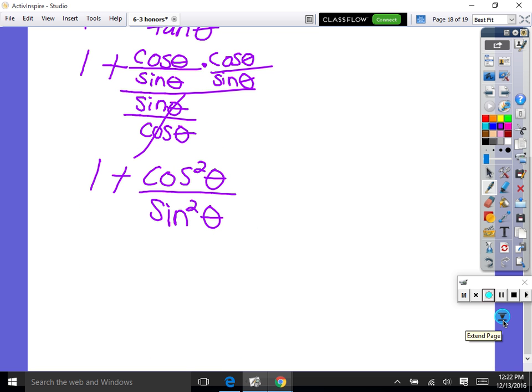What is cosine over sine? Cotangent, right? So where are we trying to get? I have to remember so I can see where we should go with this. Cosecant of theta. Have I made any errors anywhere? Nope.